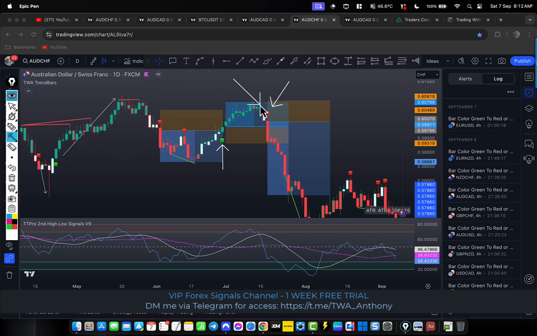Now, to take it one step further, we're going to rely on this indicator down here. What we're looking for is, if we have an alert here, for example, this one, we need to see this blue line in a bearish trend. We want to see it tap into this red channel and then leave the red channel and cross over this white line.